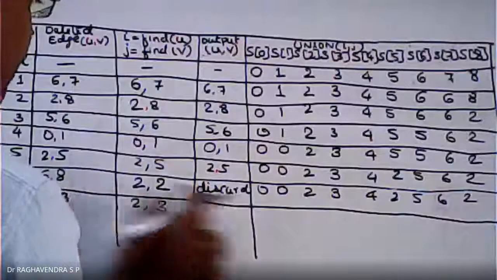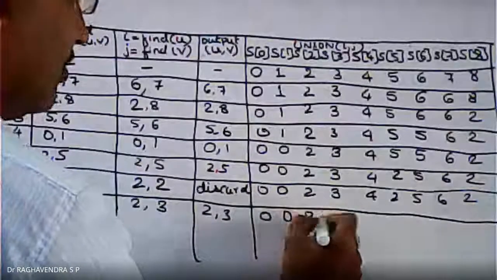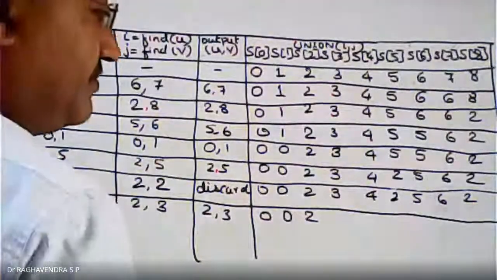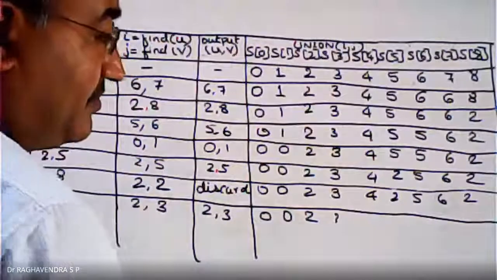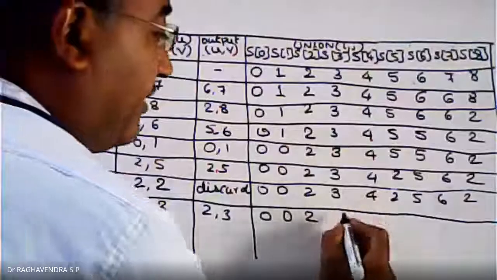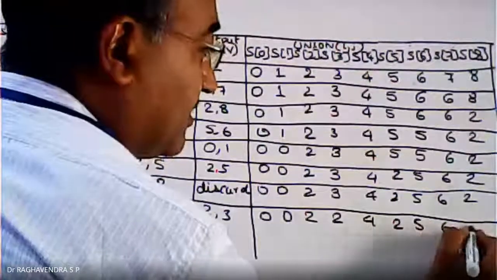Okay, copy paste 2, 3 here. So 0, 0, 2. Here, in case of 3, we have to write 2. So 4, 2, 5, 6.